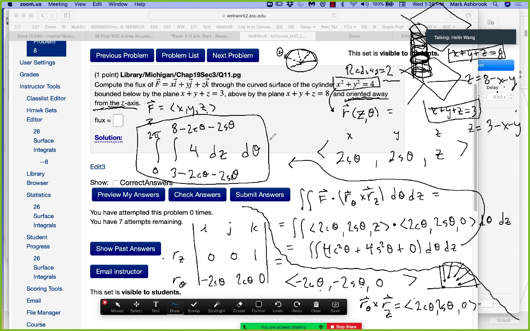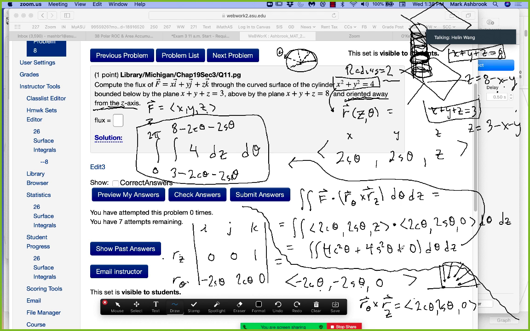Why do we take R_theta cross R_z instead of, like we did the first time, for 2 cosine, 2 sine theta, 0? You're talking about this? Yes. So this is when I did R_z cross R_theta, and then we did R_theta cross R_z.